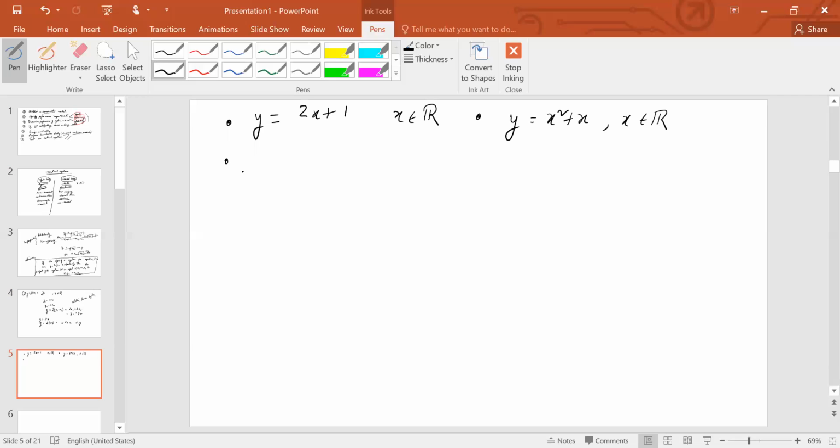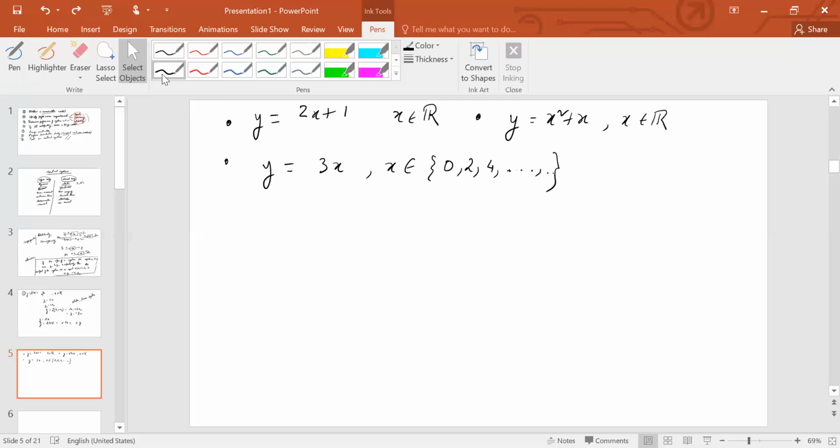The next example is y is equal to 3x, where x belongs to the set of even integers, even positive integers. Okay, so it's an infinite set. The next example is, okay, let me put it in the next line. Sorry.